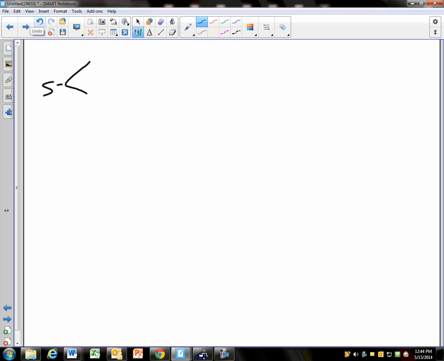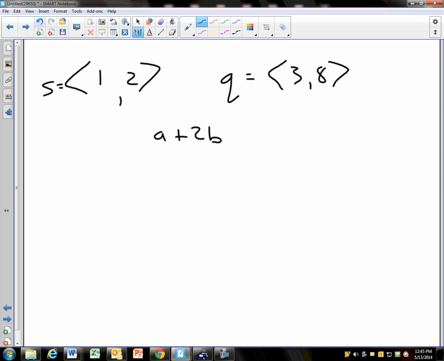S for Sini. Q for Quinn. Vector S has coordinates 1, 2. Vector Q has coordinates 3, 8. And we want to do S plus 2Q.